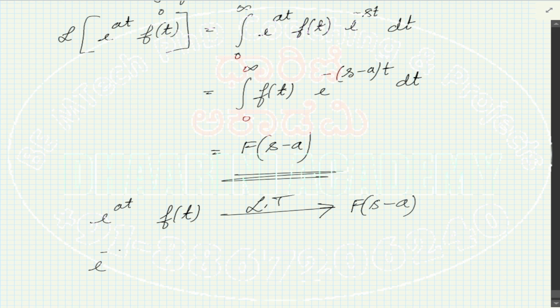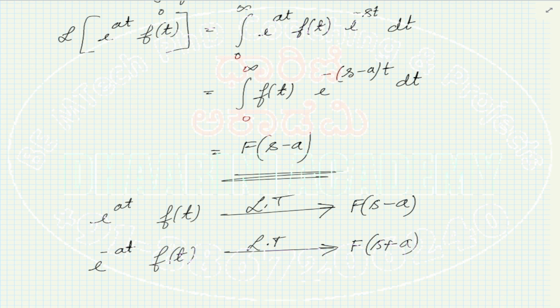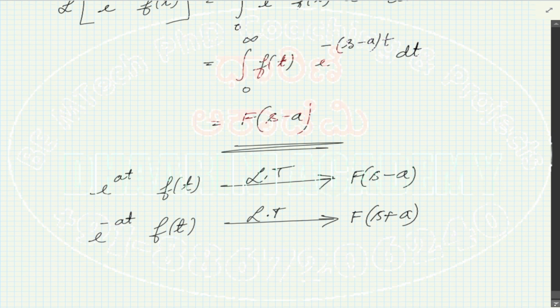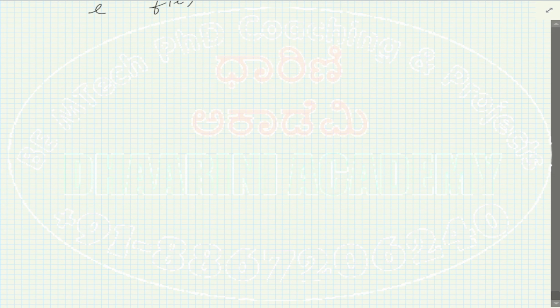At the same time, if you write e to the minus at into f of t, this function will have Laplace as capital F of s plus a. So both are shifting properties. Shifting happens in the s domain. Okay, let's go to the next property.